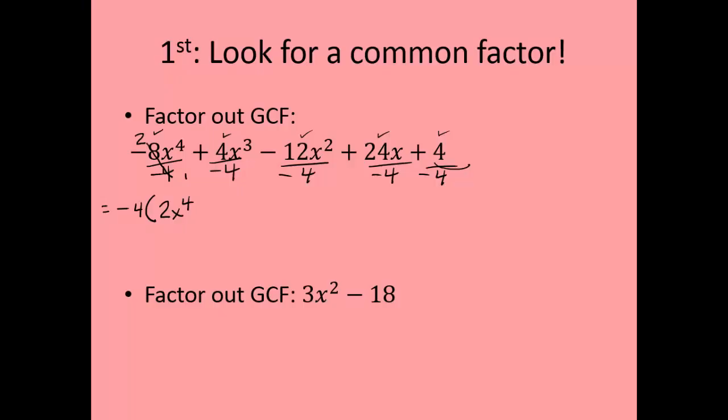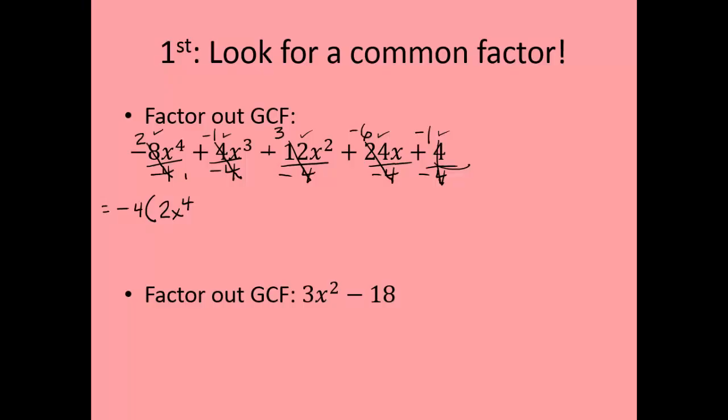In the second term, we have nothing but 1 left, but it's a -1. In the third one, we have 3, but this turns into +3. And in the fourth term, we divide by -4, we get -6. And last of all, I have -1.